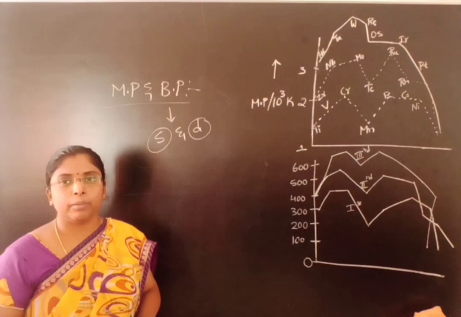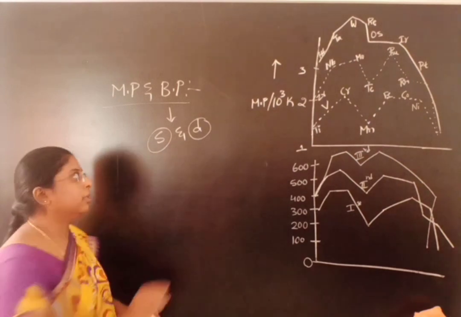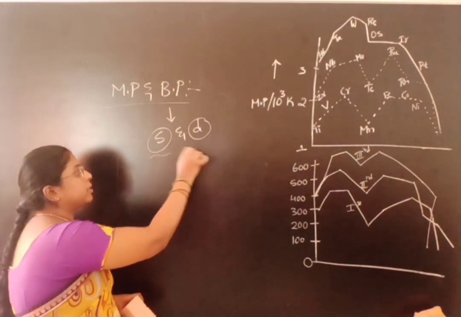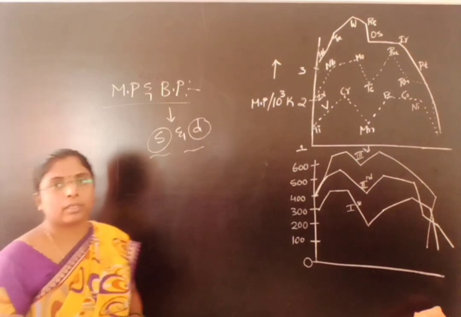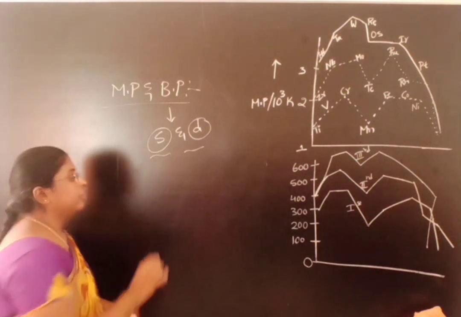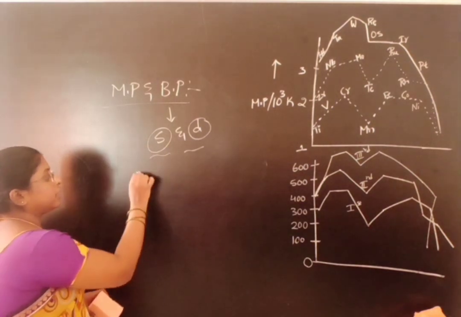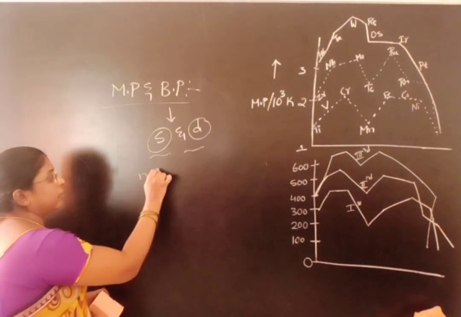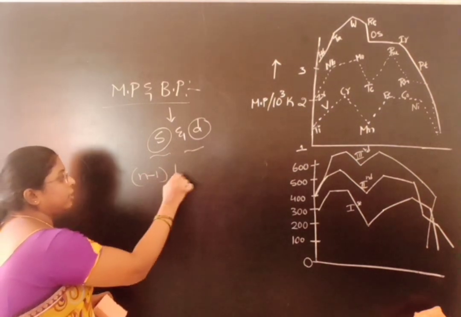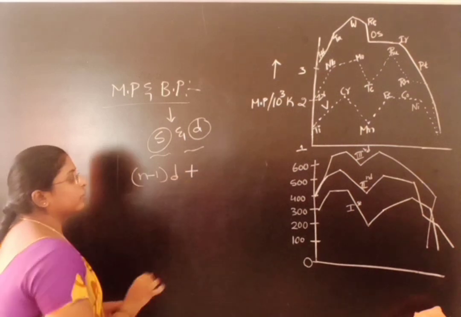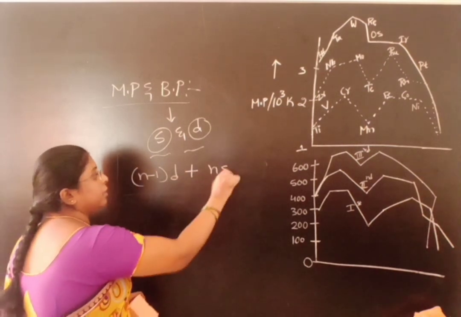In d block elements, in a chemical reaction, both s electrons as well as d electrons are involved: d electrons from (n minus 1)d, along with the electrons contributed from the ns.